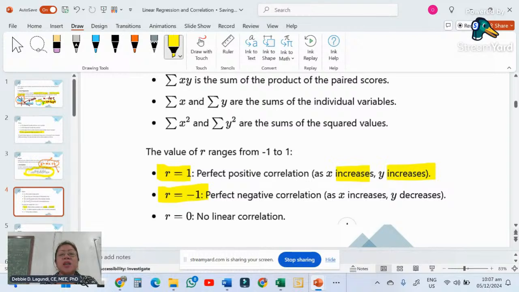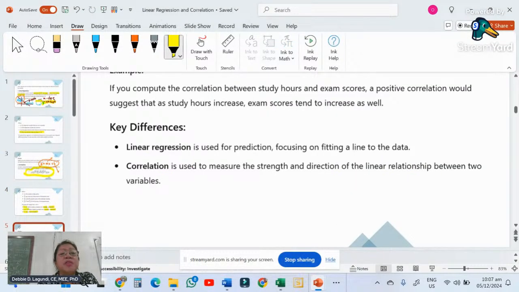When R is equal to -1, it's perfectly negative correlation, where X decreases as Y increases. And when R is equal to 0, there's no correlation at all. That's why you have to be very careful with your calculations. So you will get a perfect value of R, positive or negative. Let's move to the next one.